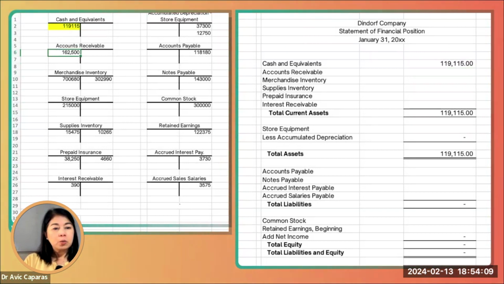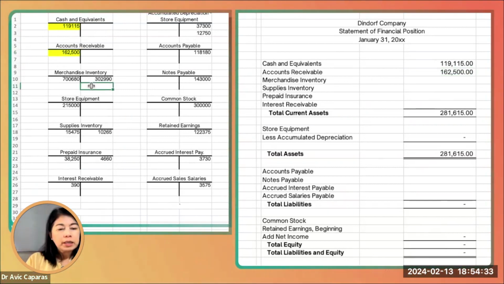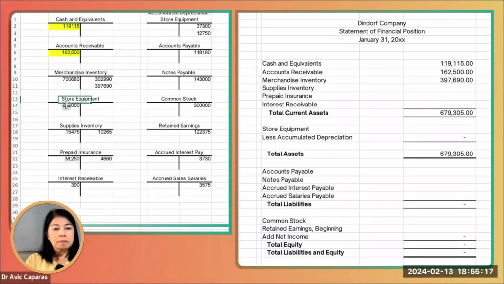Next, we're taking 162,500. The inventory right now would be this one minus 397,690. Then 215,000 for the store equipment.